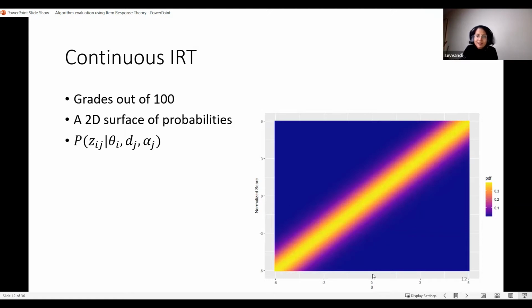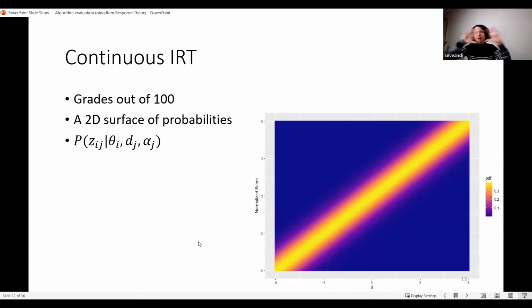Here, for a given value of ability, you have probability curves, just like the previous one. But if your ability is over here, you're much more likely to get a score somewhere there, which is the normalized score. But if your ability is low, you're going to get a score somewhere there.